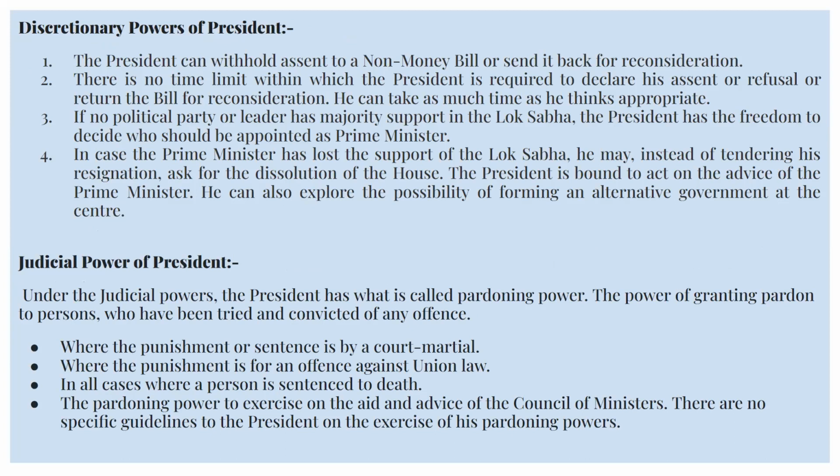If a president feels that the money bill is not okay, then he can send it for reconsideration to the Parliament House. Then there is no time limit within which the president is required to declare his consent or refusal or return the bill for reconsideration.